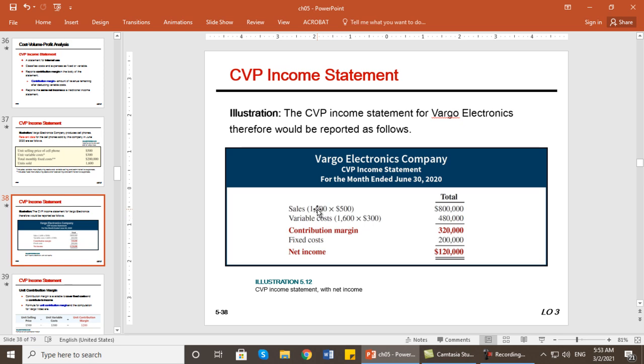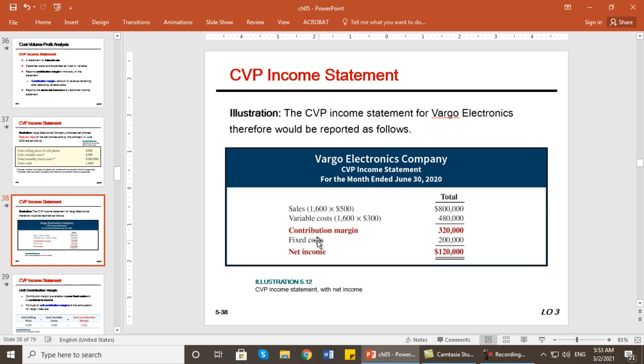Here you must be given the units sold, 1,600; in the exercise, there is this other relevant data, the number of units we sell. 1,600 times 500, less variable cost of 1,600 units times 300.